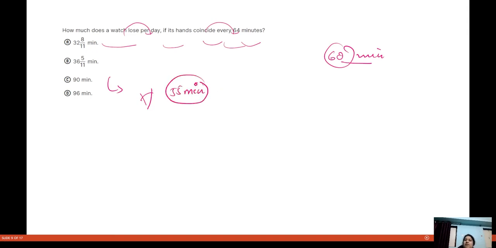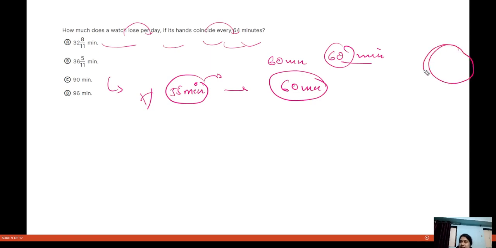So relatively both of them cover the distance of 60 kilometers in 55 minutes. We are taking the clock as a circle with circumference of 60 kilometers, and the relative speed of both the hands is 55 minutes.